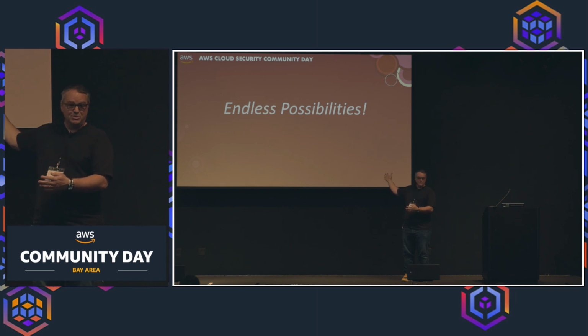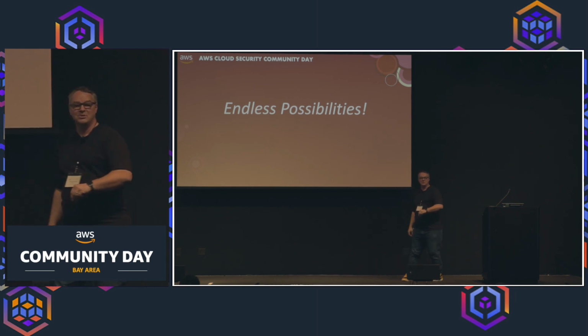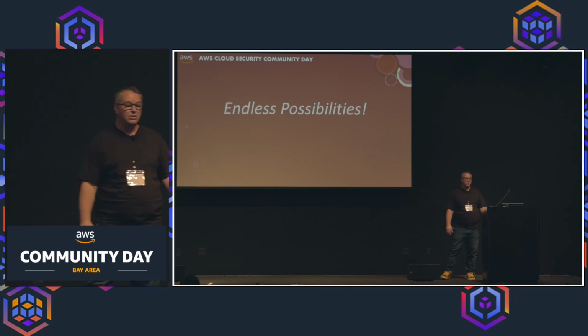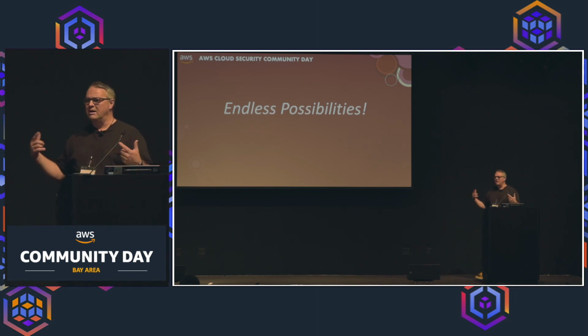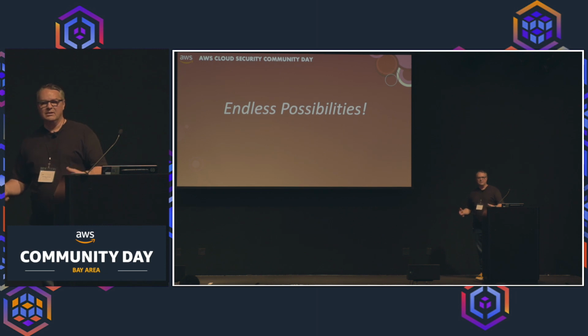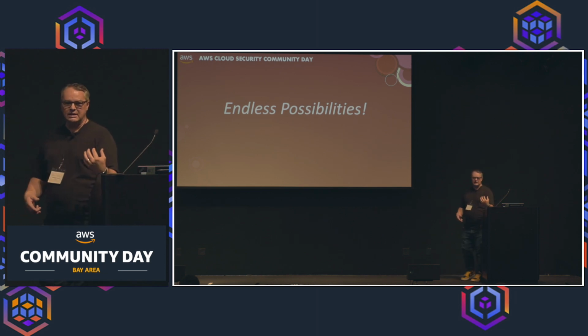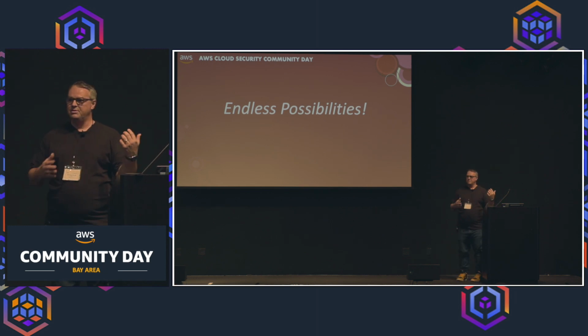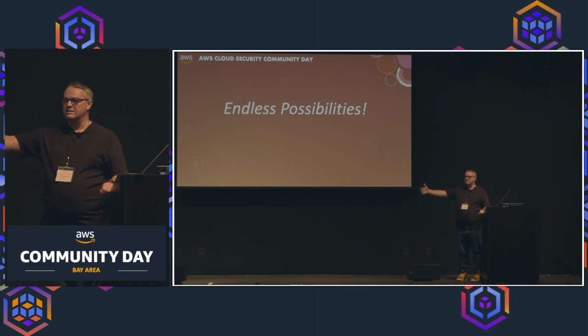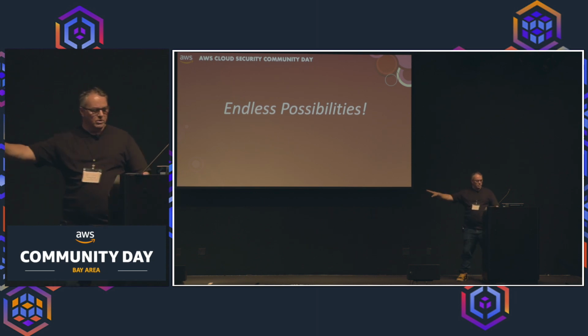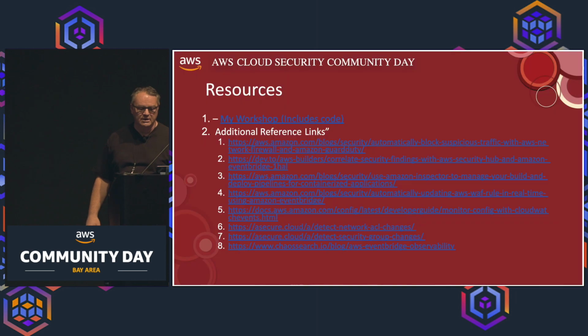I'll give you all of the screenshots there, but the workshop will let you do it on your own. The workshop also gives you the Terraform code and the Python code, but it's about the possibilities. Think of all the sources of data that you can get into EventBridge and the 30-some targets where you can go and automate functionality. I have a list of resources here just to give you an idea.